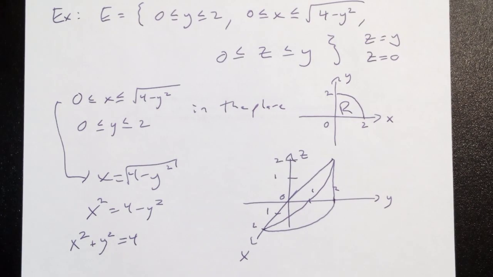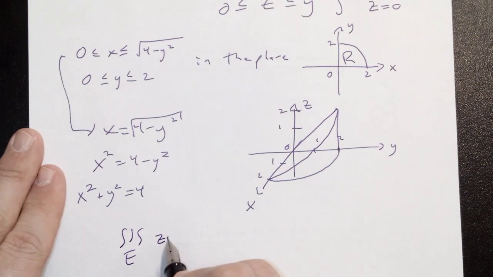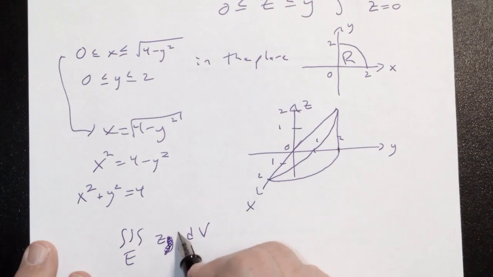So I can now think of the triple integral, I'll make up a function, zx dv. Sorry, zx, not zy. I've got to look at my notes properly.